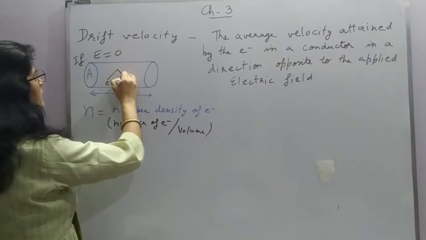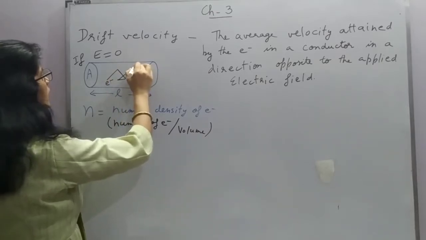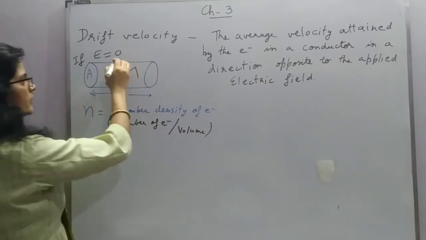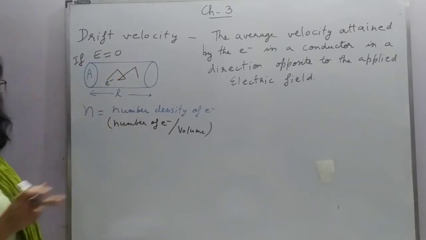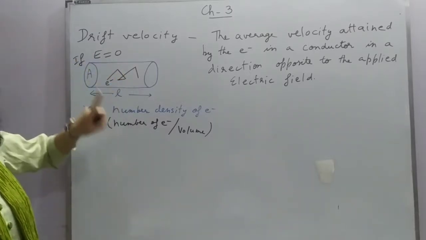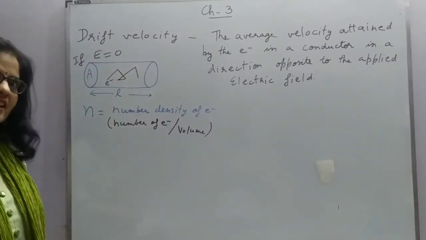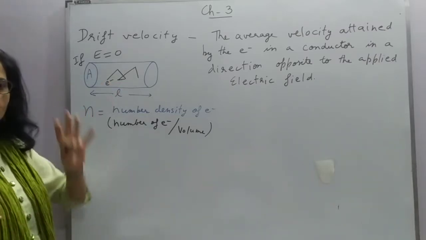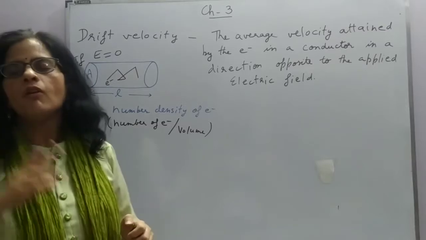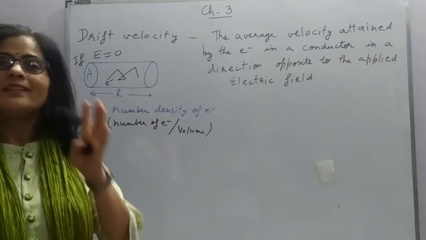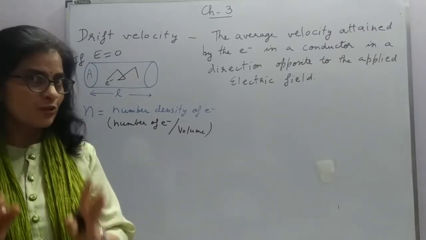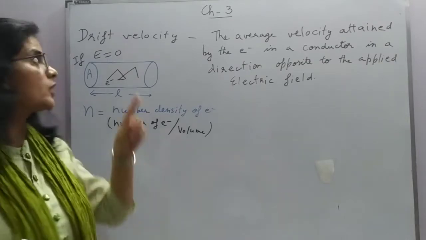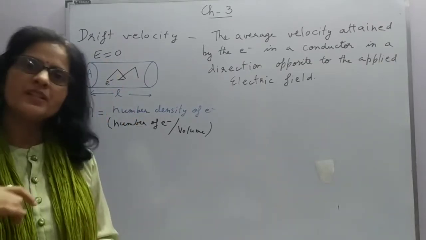And they will move along different directions. Though the velocity during these collisions will change because there will be a change in direction, but the magnitude will not change, right? So if these electrons are randomly moving in all the directions, then net velocity before the application of electric field will be 0.